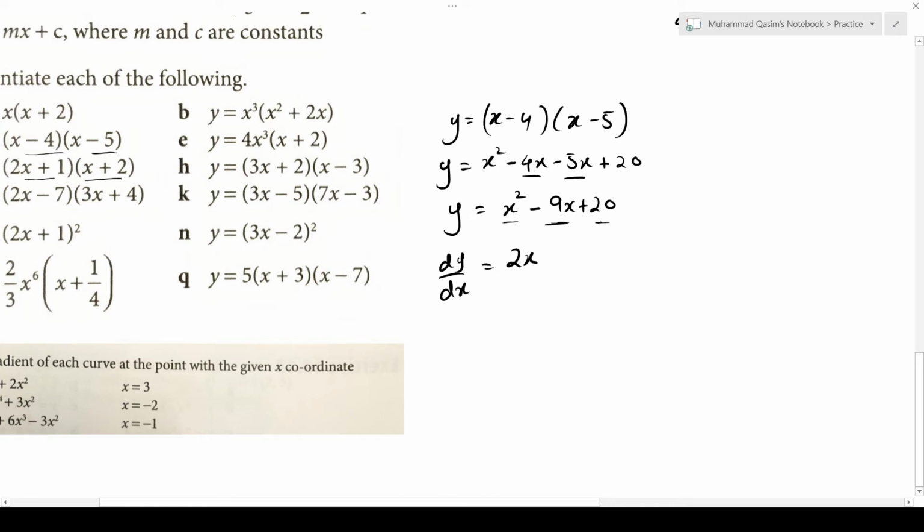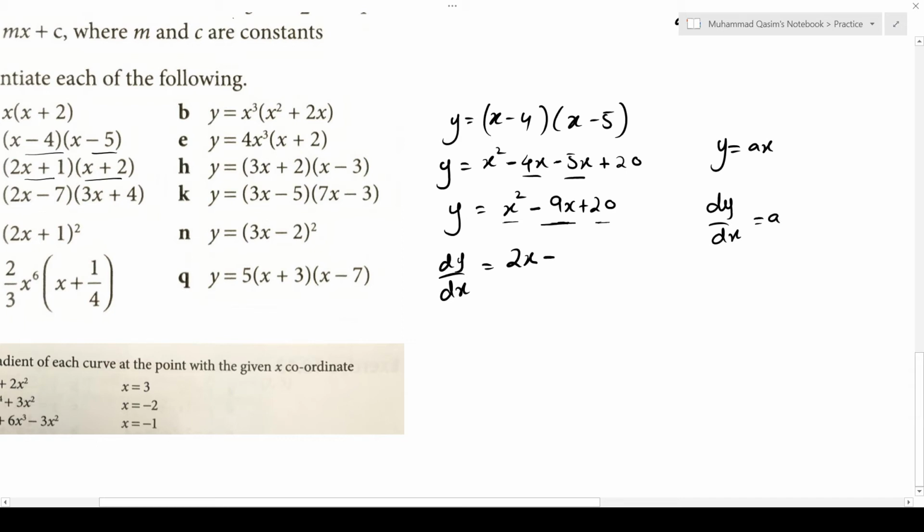Now if you focus, this one here is the special case. y equals ax, if you refer back to the special cases you wrote down. Let me write down the special case here. So y equals ax, so dy by dx is always the a itself, the coefficient.